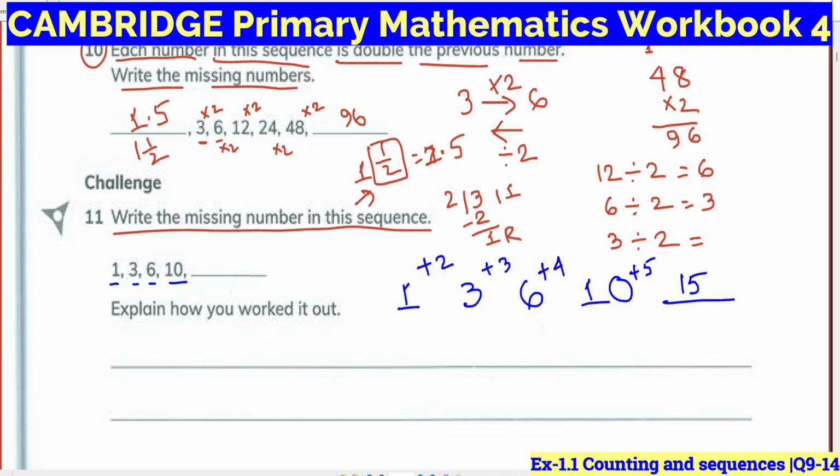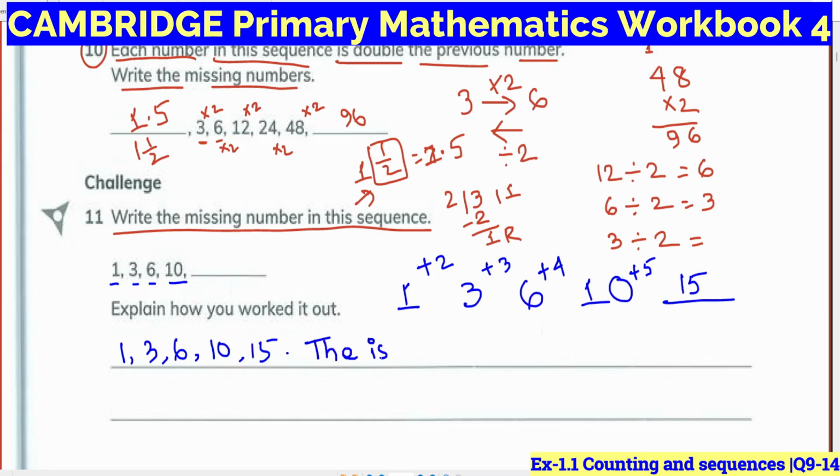This is a triangular number sequence. The sequence is called the triangular number sequence. So 1, 3, 6, 10, and then 15. This is the triangular number sequence. We can write this one.